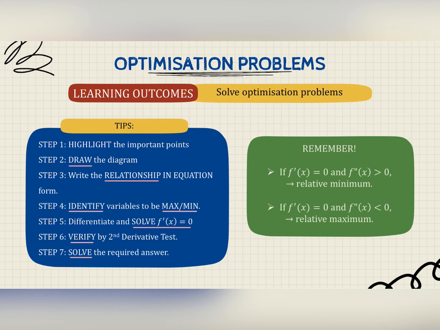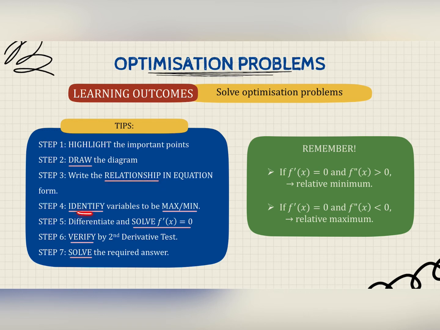Yang pertama adalah you need to highlight the important points. Okay, ini kena take note lah dekat soalan tu dia minta apa yang dia beri. Okay, and then selalunya ini sepatutnya step 1 saya. Okay, so what I'm going to do is we start dengan draw the diagram first. Lepas draw, kita akan write the relationship in equation form.